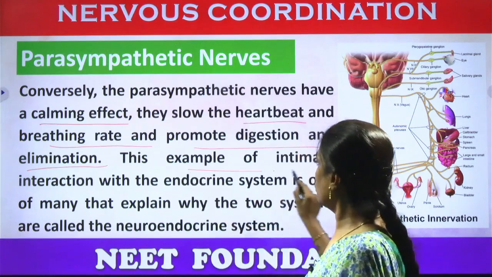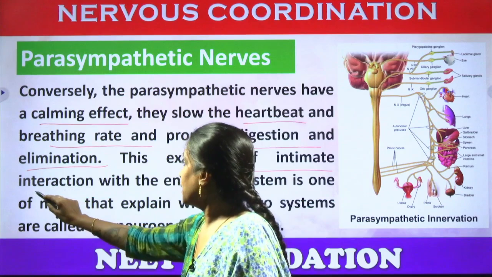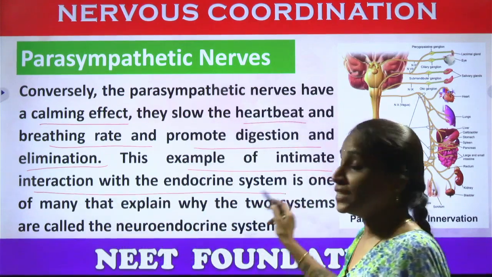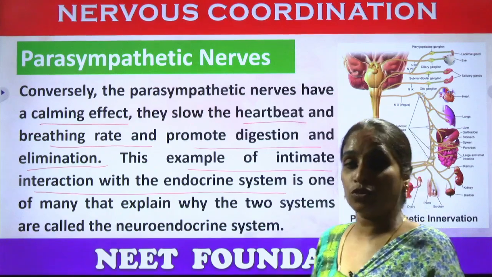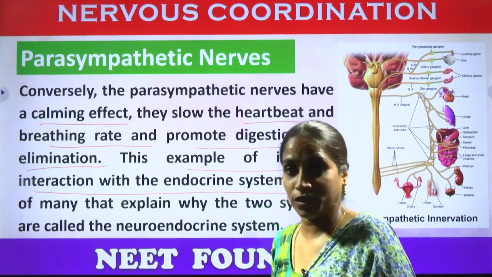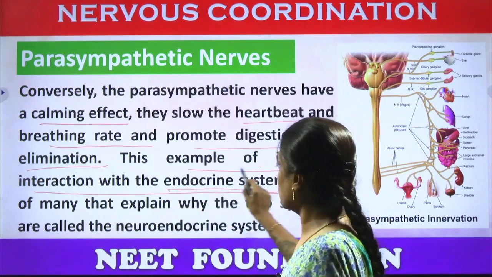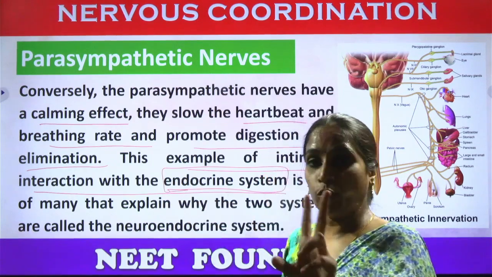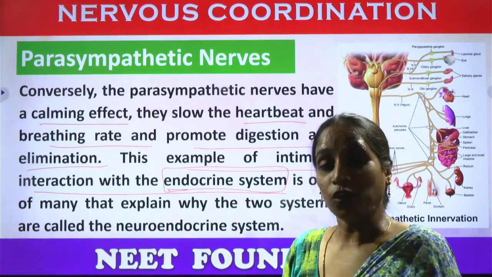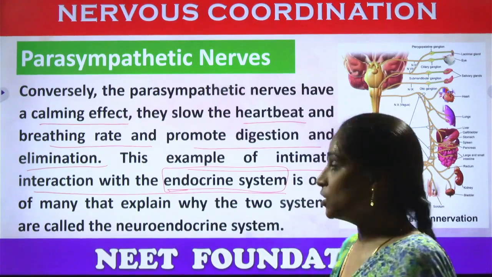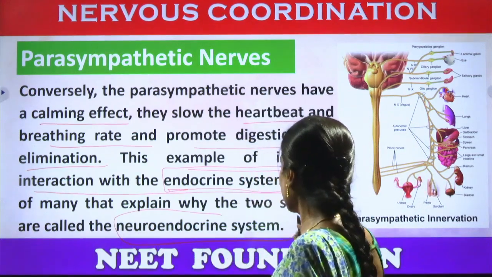The example of intimate interaction with the endocrine system, not only the neural system. Here one more regulating system is also working coordinatingly, and that is called the endocrine system. Sometimes both systems coordinate with each other mutually for controlling the body actions, so that it is considered a neuroendocrine system.